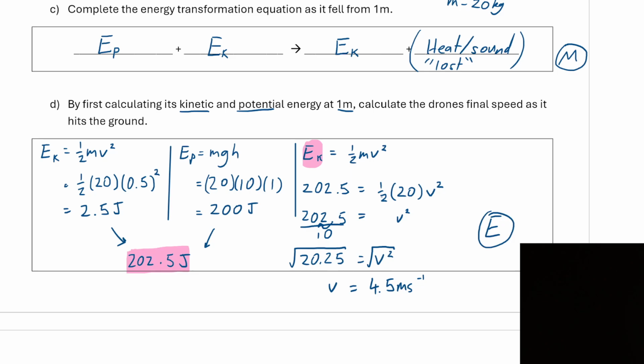And that is an excellent question. If you just got the kinetic energy and the potential energy, that's achieved. If you then added them together and started making progress towards the speed, that's a merit. And if you got the right final answer, that is an excellence point.